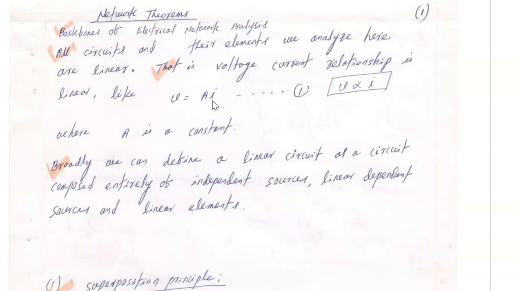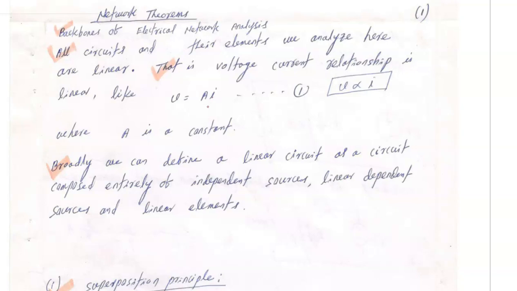First thing you should remember is that in this analysis we'll assume that all the networks are linear. What do you mean by linear networks? Where the voltage and current have a relation of a straight line.